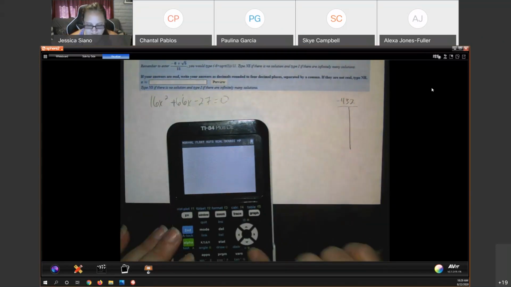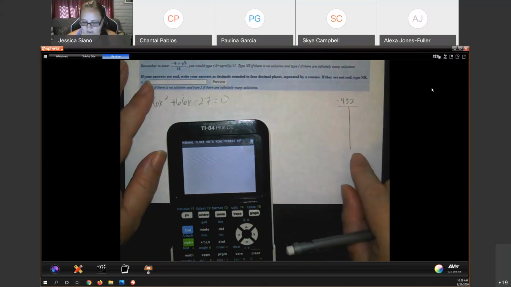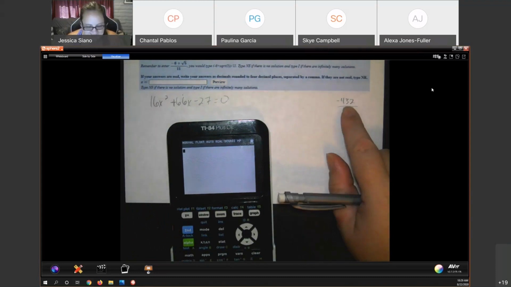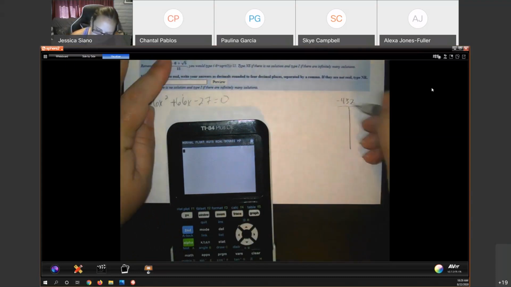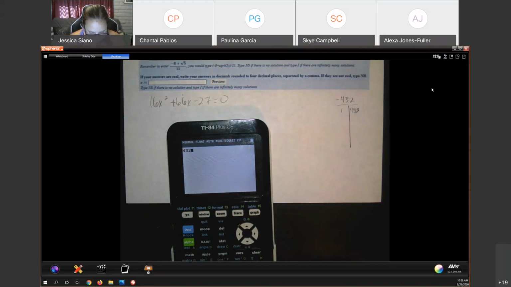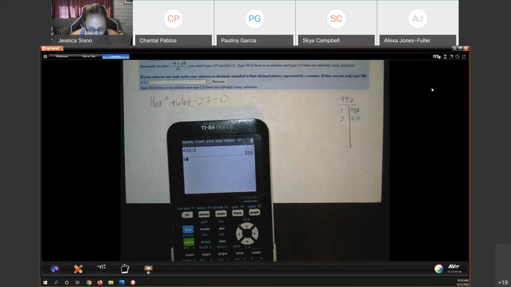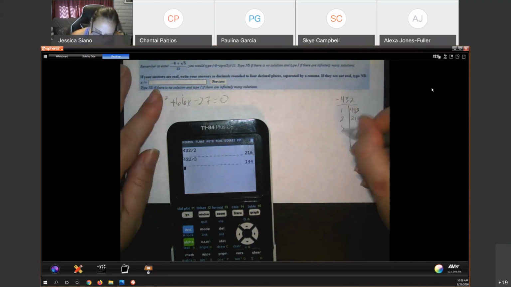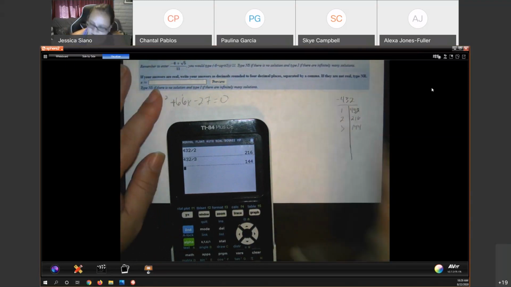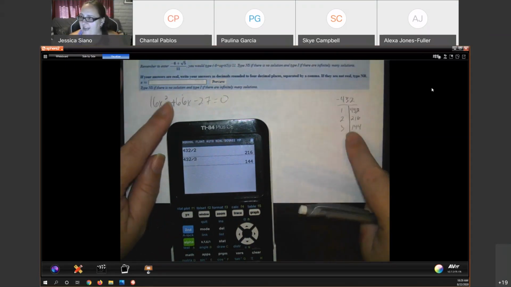All right, now what I'm going to do is I'm going to make a factor chart here, and then I'm going to look for a pair of numbers that multiplies to 432 and adds to 66. So what are the factors of 432? 1 and 432, and those can't make 66. 432 divided by 2, 2 and 216, 3 and 144. And what I'm doing is these two numbers next to each other multiply to 432, and I'm trying to figure out if I can make any of them add to 66.